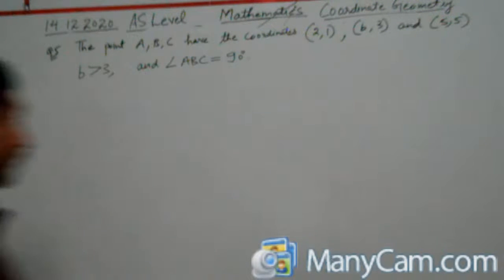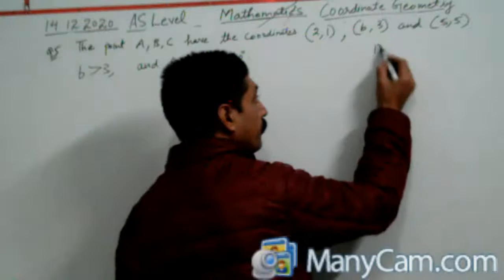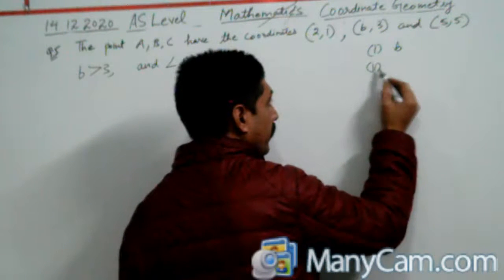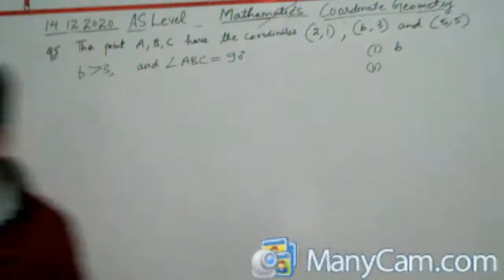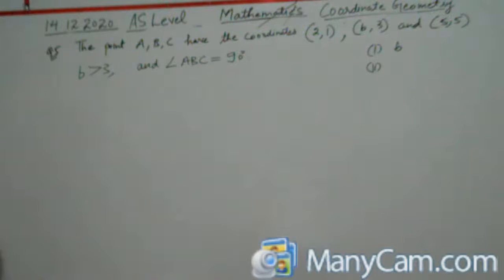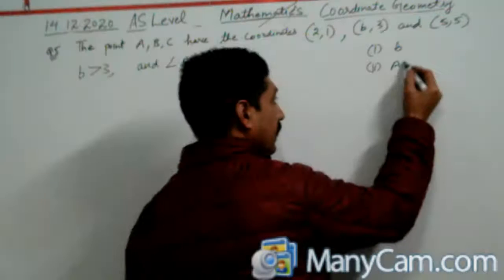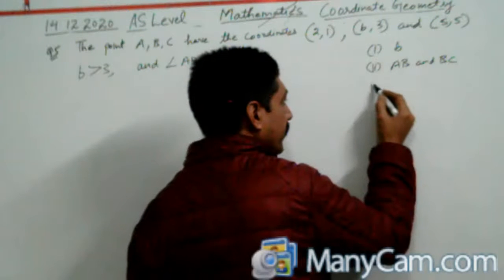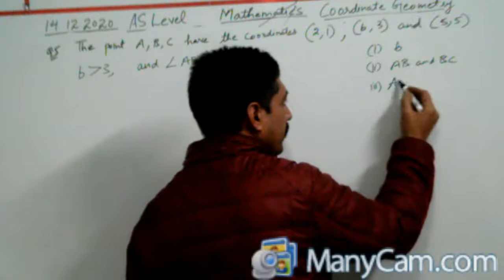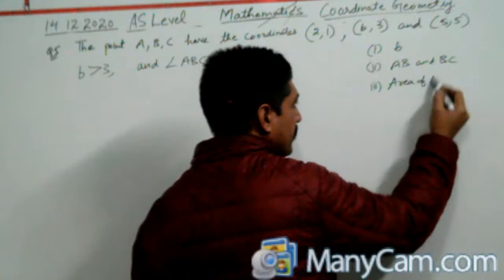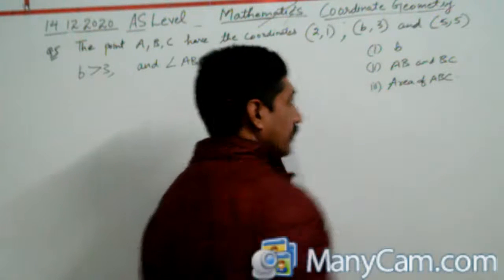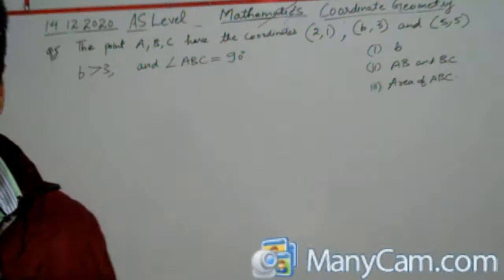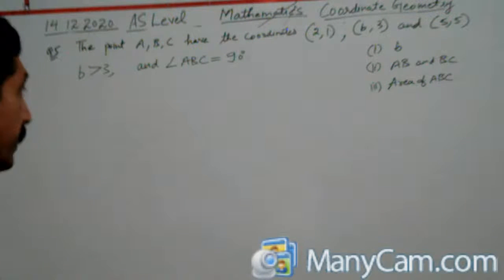First, we have to find the value of B. Second, we have to find the length of AB and BC, and third we have to find the area of triangle ABC. These 3 parts in this question we have to find. So how to do it?